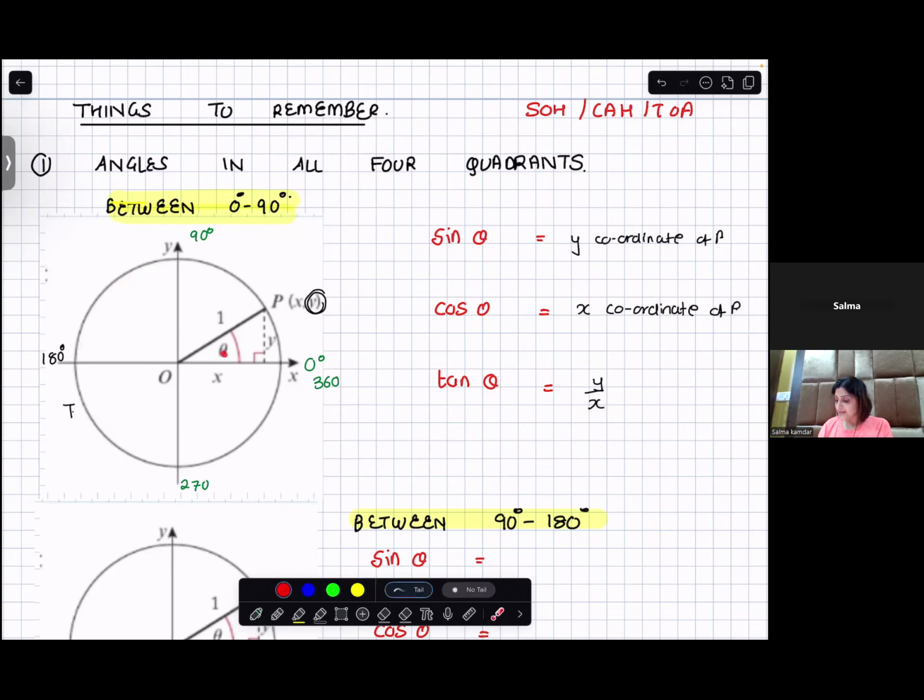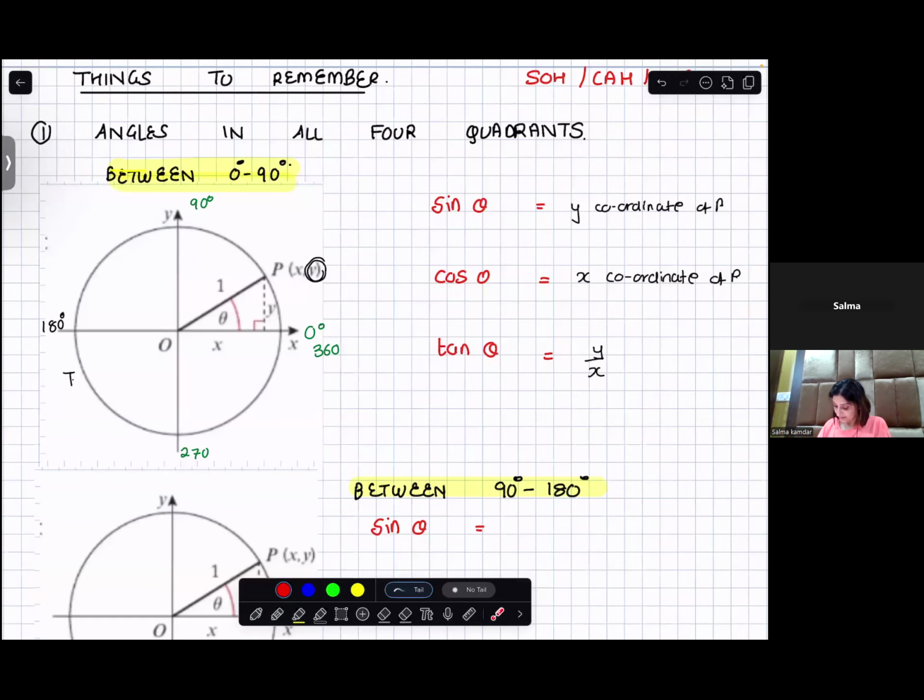So the sine theta would be the y coordinate of P, cos theta would be the x coordinate of P, and tan theta is y over x. We did this by applying the SOHCAHTOA. If you see very properly over here, the x coordinate would be positive and, because it is over here in the first quadrant, the y coordinate is also positive.